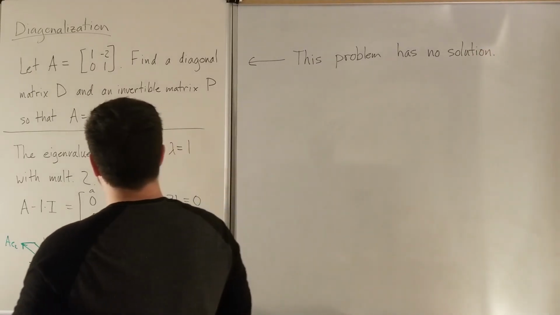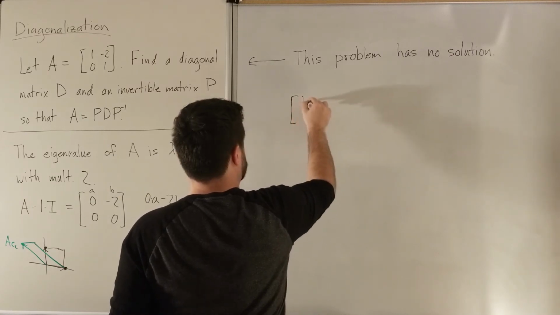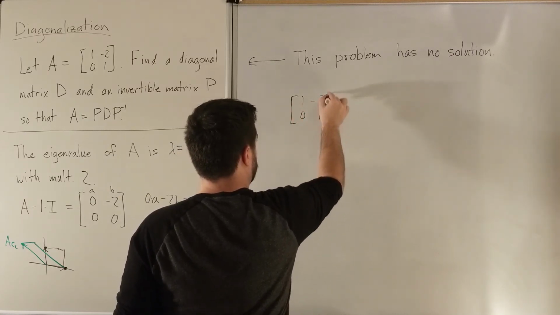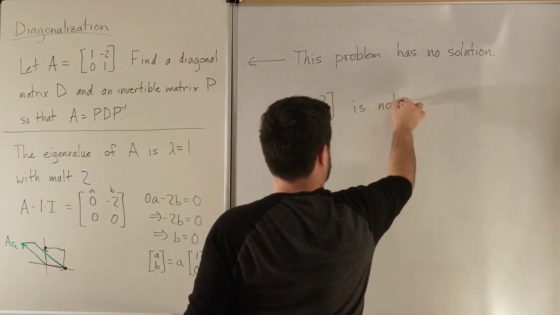So this problem has no solution. Another way of saying that is this matrix (1, -2, 0, 1) is not diagonalizable.